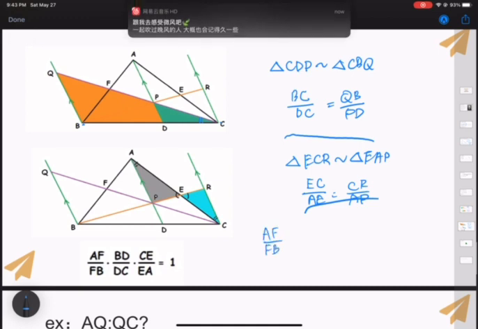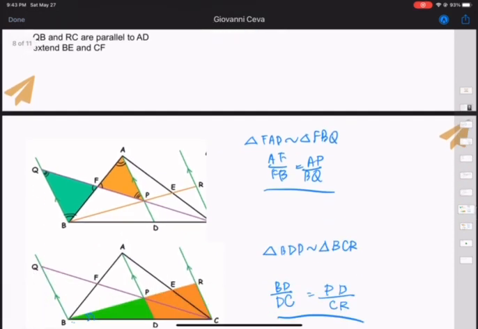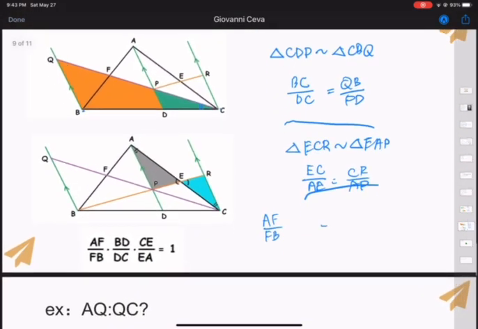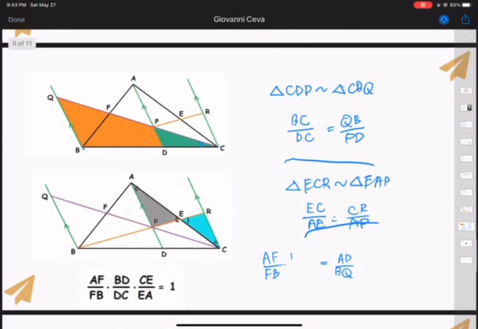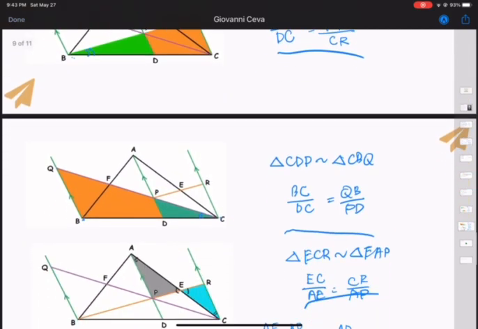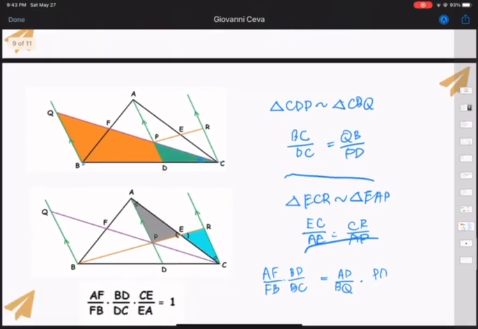AF divided by FB equals AP divided by BQ, and BD divided by DC equals PD divided by CR, and BC divided by DC equals QB divided by PD, and EC divided by AE equals CR divided by AP.